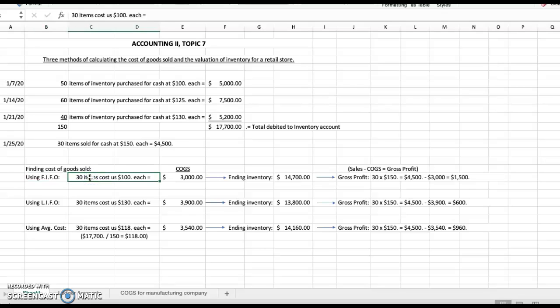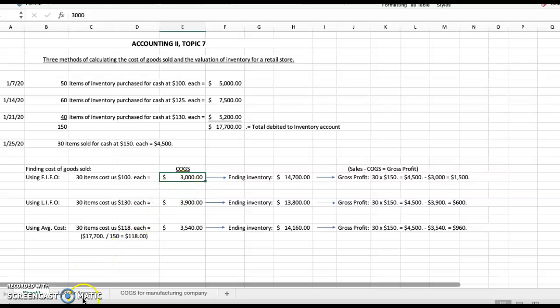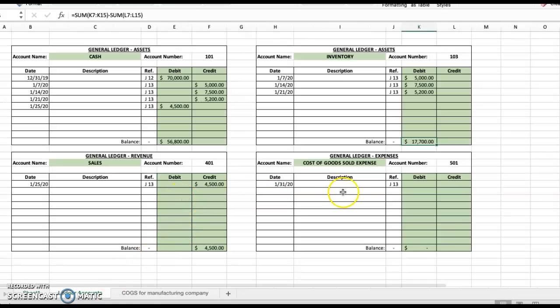So if we sold 30 items, we look at the first group of items that we purchased, and they were at $100 a piece. So those 30 items using FIFO cost us $100 each, totaling $3,000. So the cost of the goods that we sold, those 30 items, cost us, according to first in, first out, $3,000.